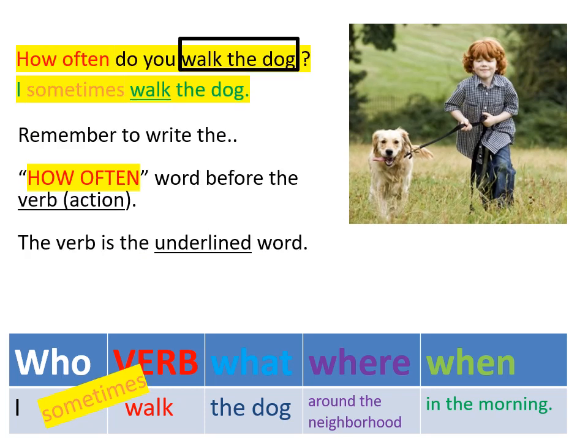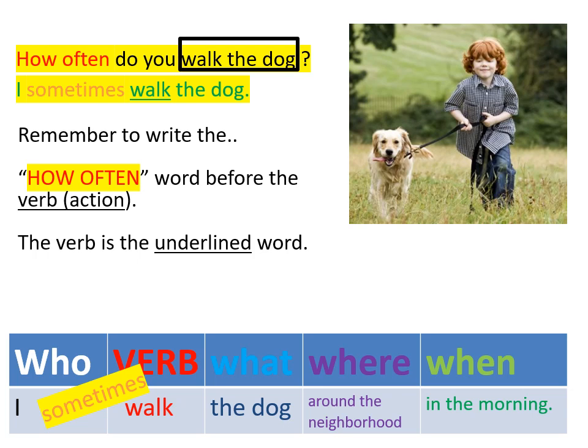So remember, when you write a sentence answering a how often question, you write the how often word before the verb. And we know that a verb is an action, like walk or throw or eat.